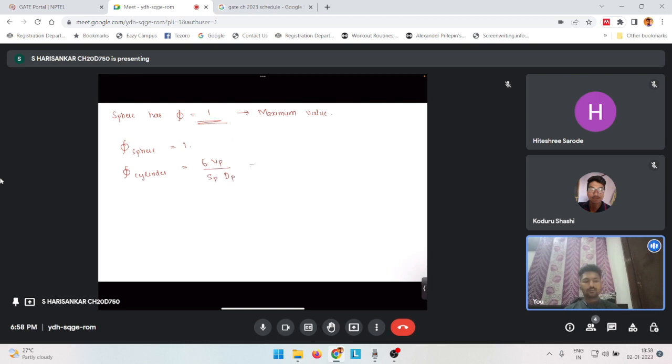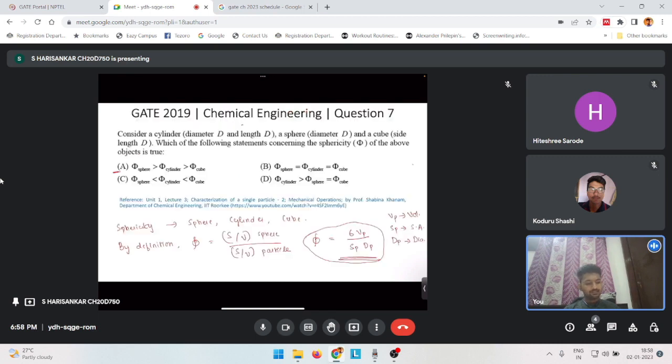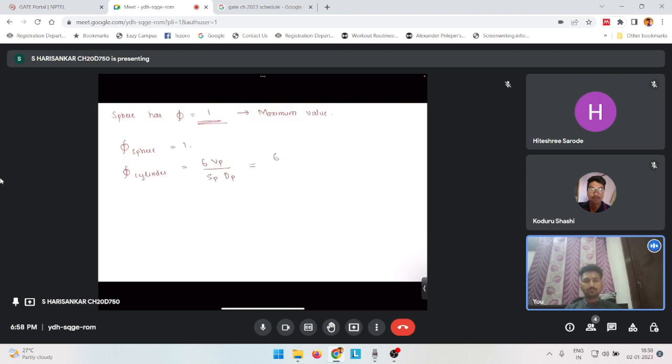Now they have given that the diameter and length of the cylinder is d. So 6 into Vp, the volume of the cylinder, will be pi d square by 4 into h, and here h is also d, so this will be pi d cube by 4.